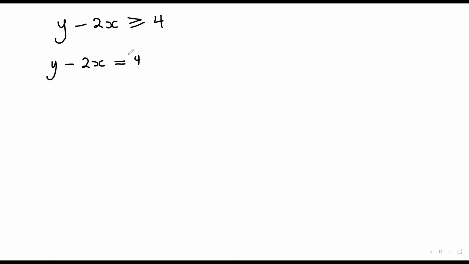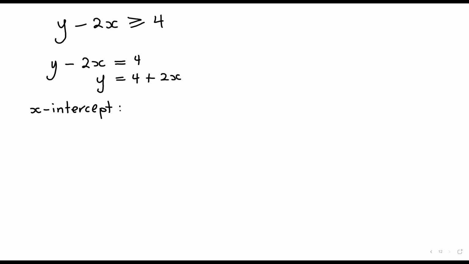If y minus 2x is equal to 4, and I put this in the form y is equal to mx plus c, it'll be y is equal to 4 plus 2x, where the gradient is positive 2 and the y-intercept is 4. To find the x-intercept, I have to make y equal 0.